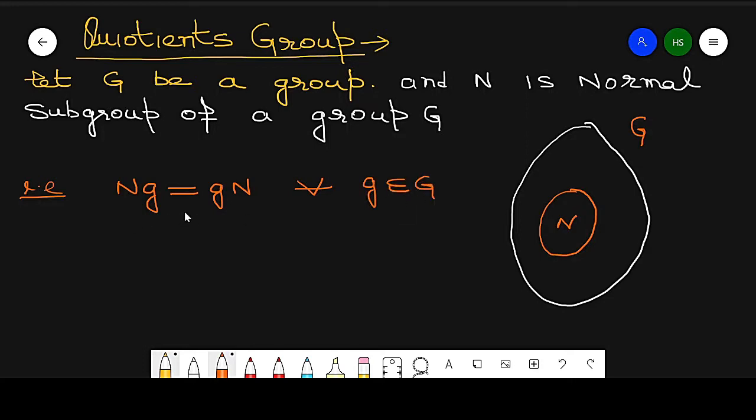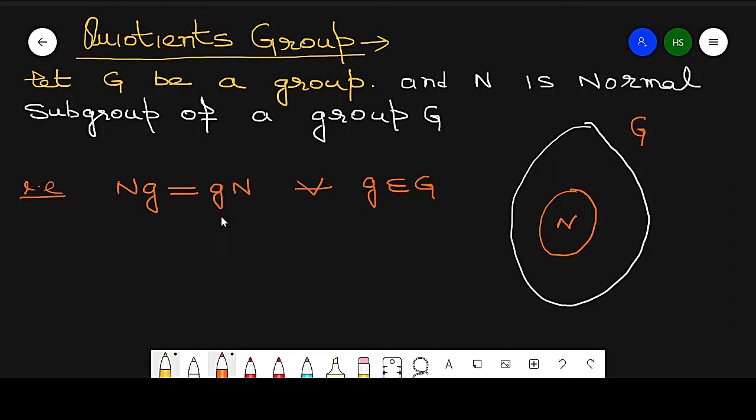So what is Ng? It is a right coset. And gN is a left coset. So in a normal subgroup, there is no distinction between left coset and right coset.